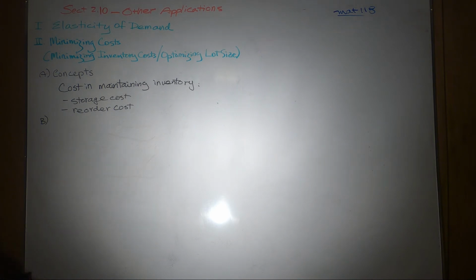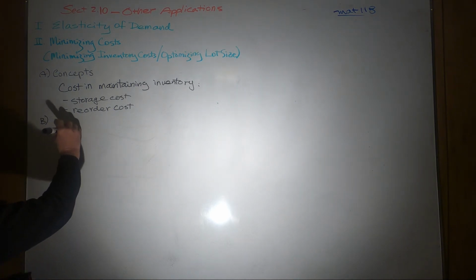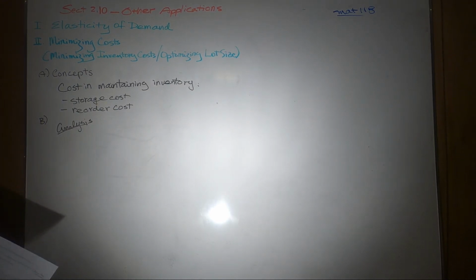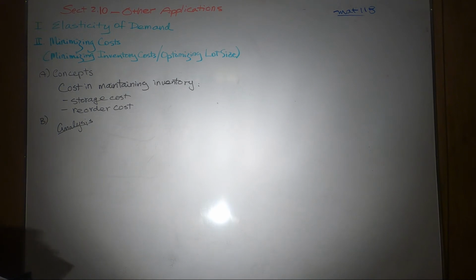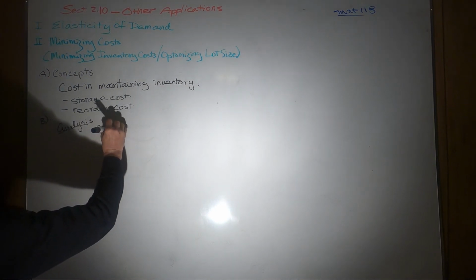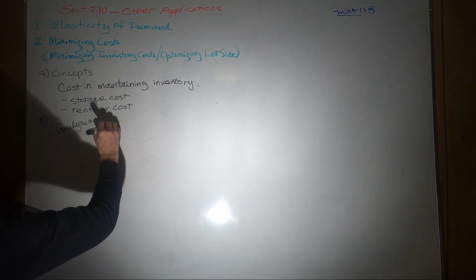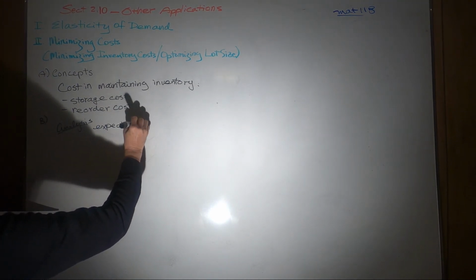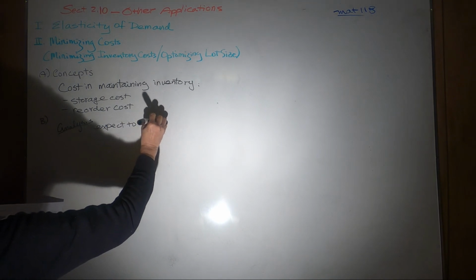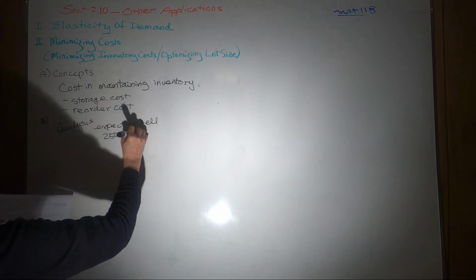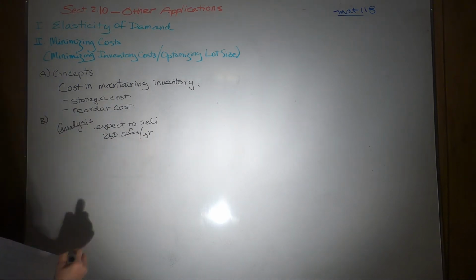So that's a figure out. Usually we will do analysis first, right? As usual. So the store expects to sell how many a year? 250 sofas per year, right?